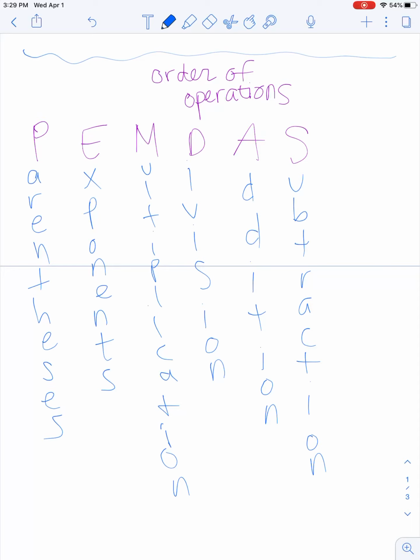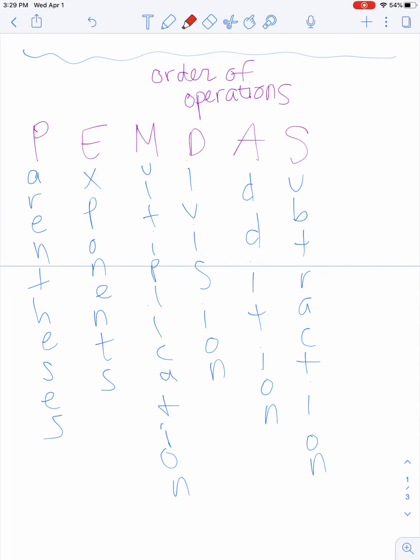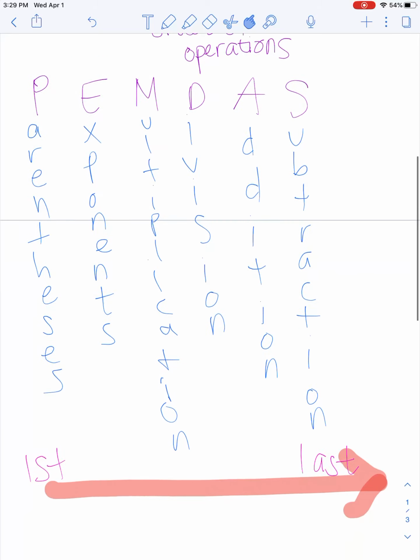So this is just the order. If I were to draw an arrow like that, this is the first thing that you do, and this is the last thing that you do. First thing, last thing. Okay.